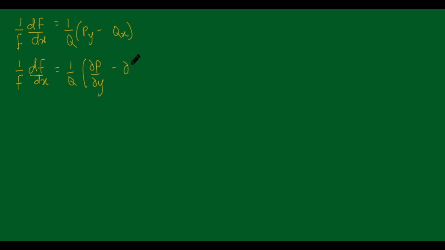So now we have that 1 over f df/dx will be equal to 1 over q, the partial derivative of p with respect to y, minus the partial derivative of q with respect to x.